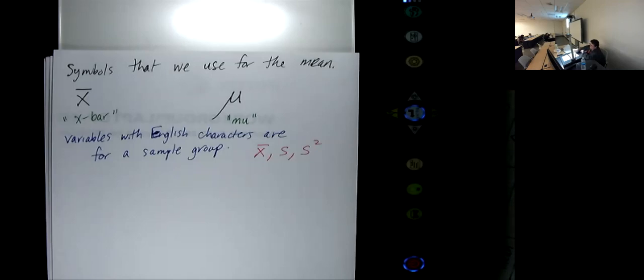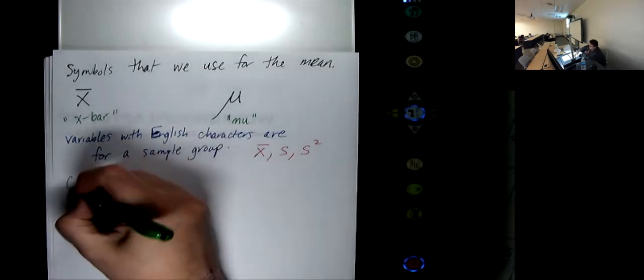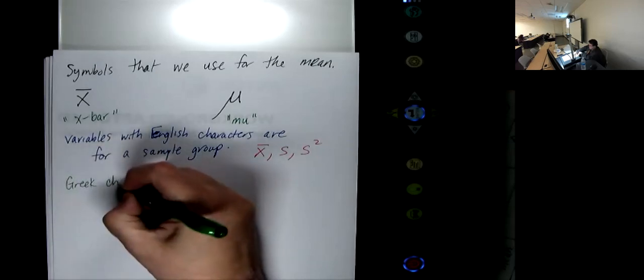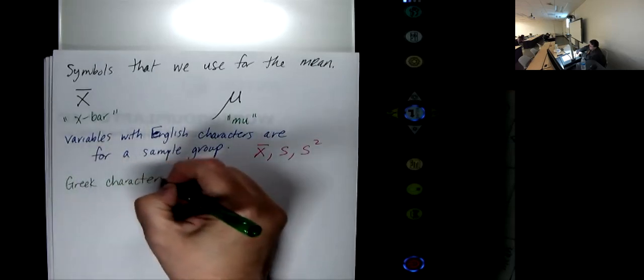Characters that are Greek, mu is a Greek character, Greek characters are for the population.